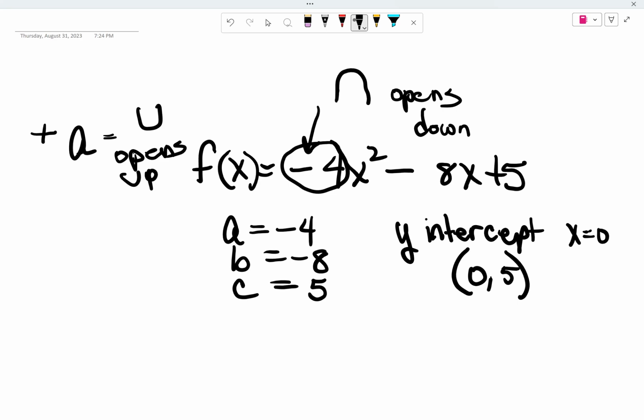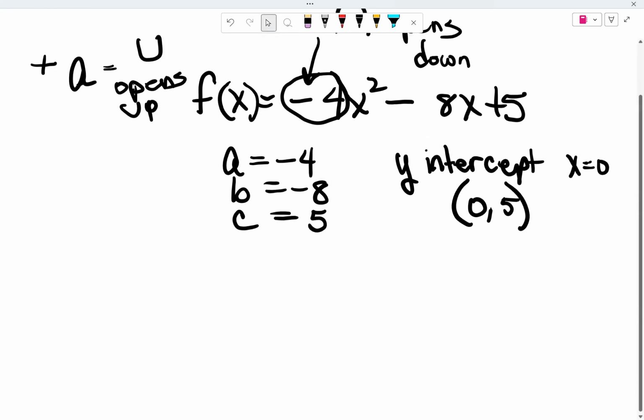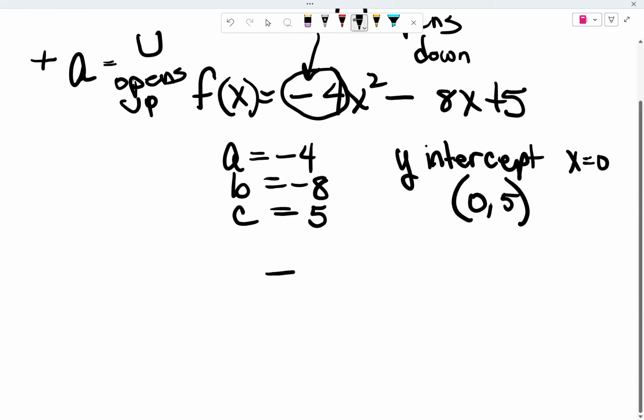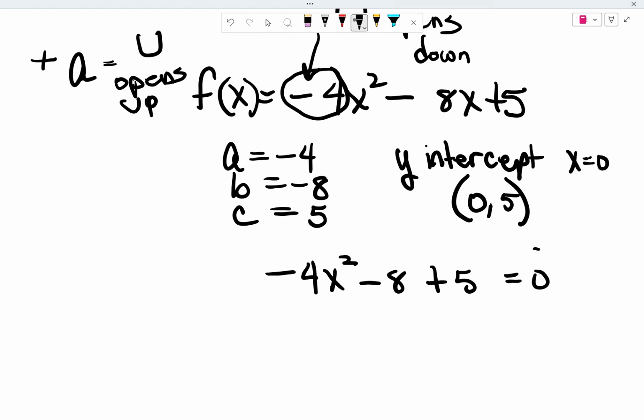If we get rid of the negative, we can actually play with this factor. So let's use negative 4x squared minus 8x plus 5, and this is equal to 0. And let's multiply everything by negative 1, and that changes our perspective to be 4x squared, sorry, plus 8x plus 5.